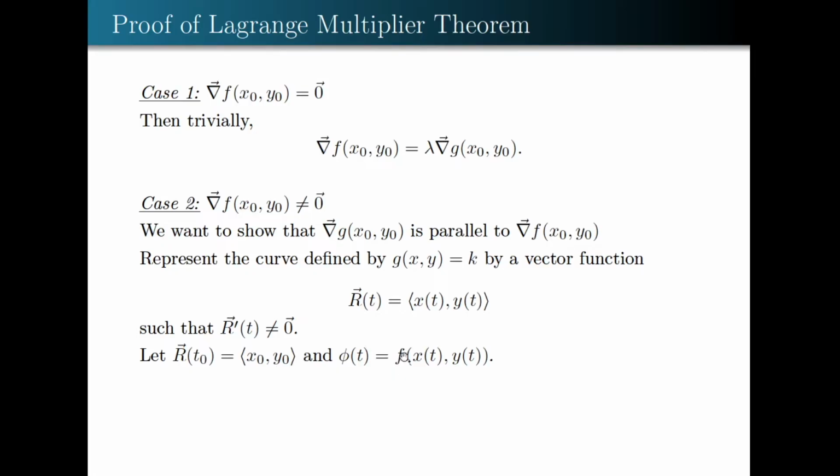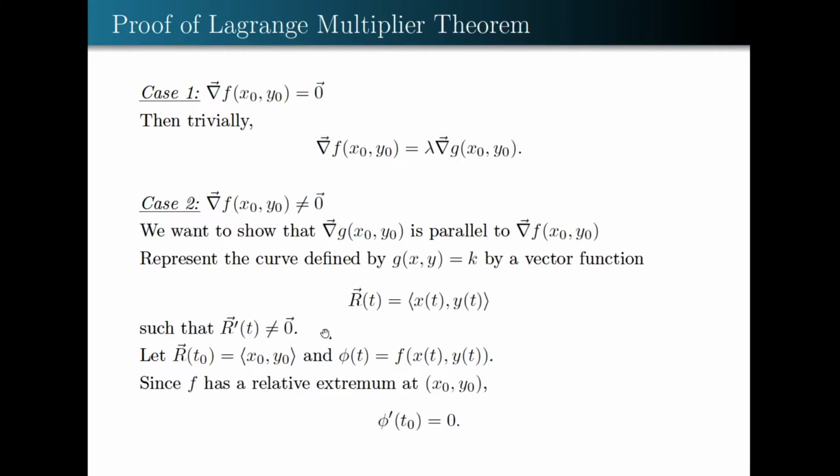And in the function f, let us replace x by x of t and y by y of t, such that f is now a function of only one variable t, and we write it as phi of t. Since f has a relative extremum at x naught, y naught, meaning x naught, y naught is a critical point of f, then the derivative of f at x naught, y naught should be equal to 0.